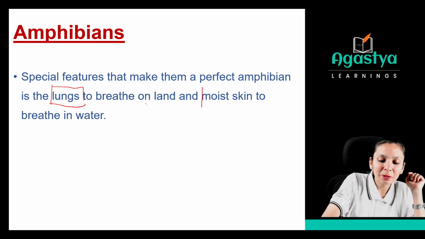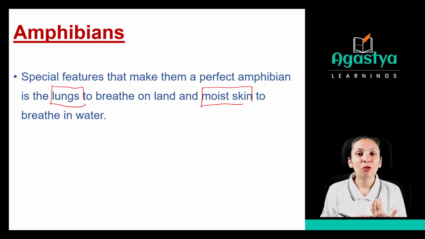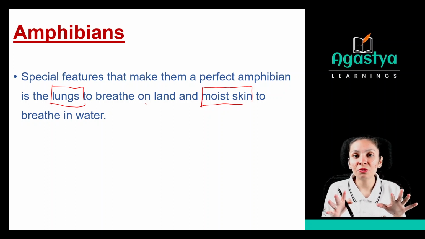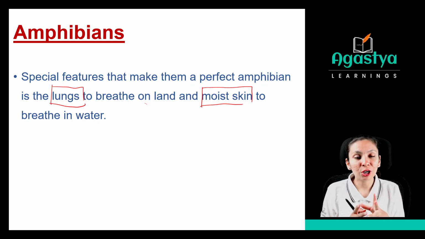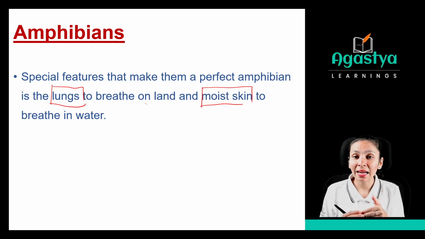And the second adaptation is moist skin to breathe in water, because as they live in water as well as on land, they should have two features. Only with lungs you cannot survive in water too. Whenever you go swimming long distances, you have to wear your oxygen mask, right? But these animals can continuously live in water too.